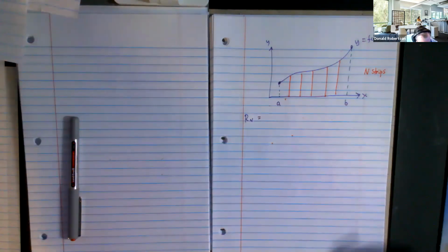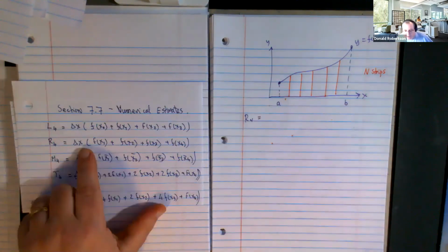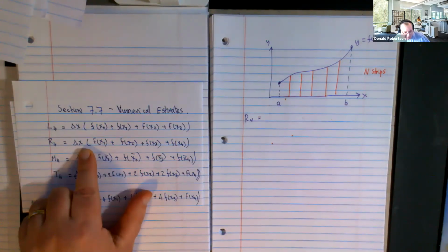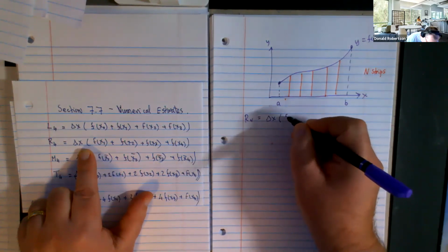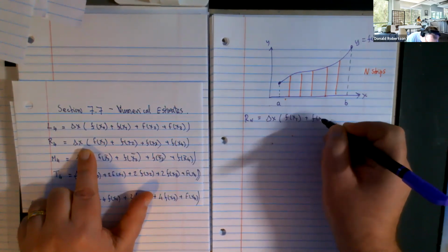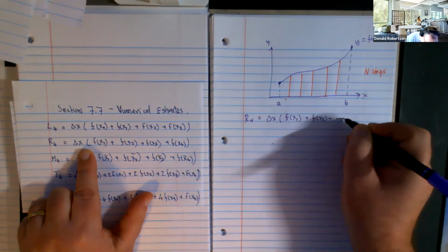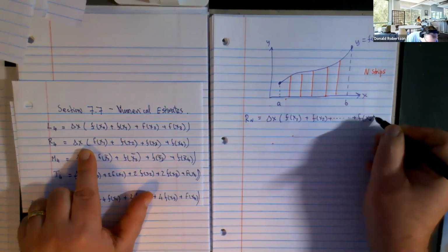Now, my little fella over here tells me how you would find Rn. It would be delta x, f of x1 plus f of x2 plus all the way to f of xn.